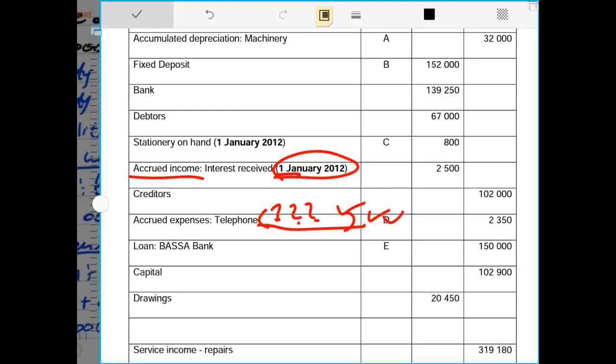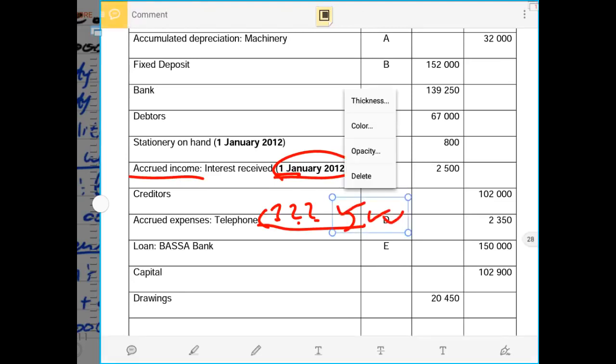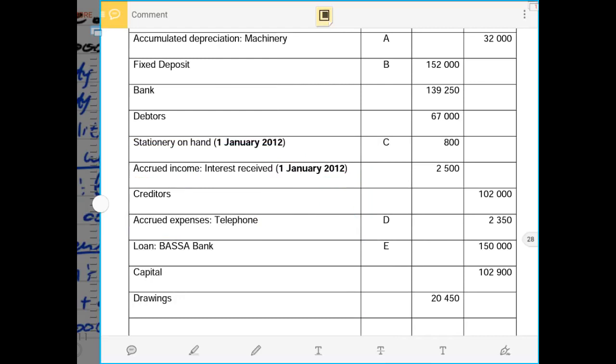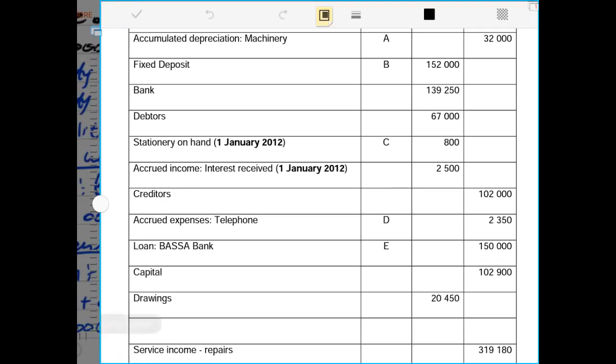Because sometimes when we see an accrued expense in the trial balance, we always think of the reversal. But this one is an exception because it was accrued by the end of the current year. But this other one was accrued from last year and it became an opening balance. So because of that reason, this needs to be reversed. Please take that into account, guys.